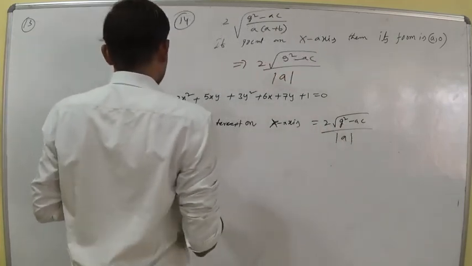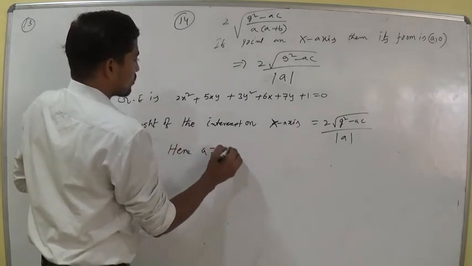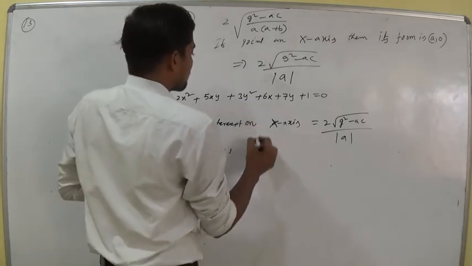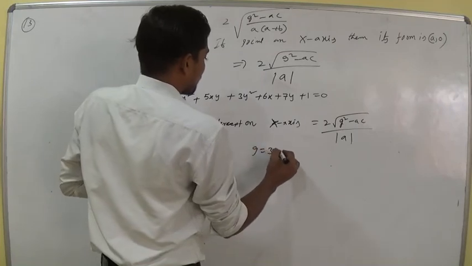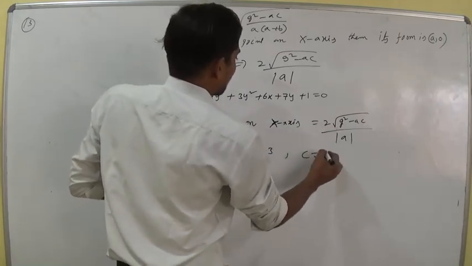So what is a here? Here a is equal to 2, and g is equal to 3, and c is equal to 1.